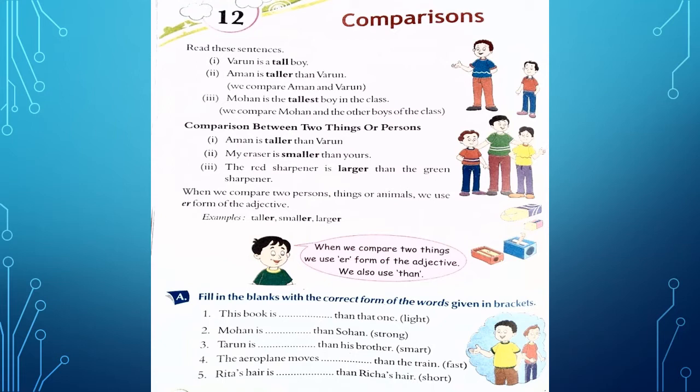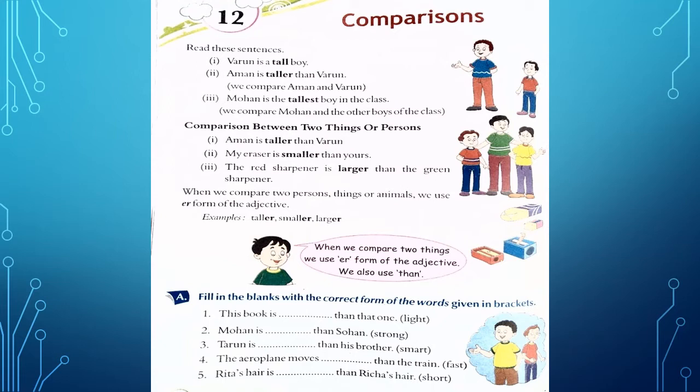In third, Tarun is dash than his brother. And the word is smart. So Tarun is smarter than his brother. In fourth, the aeroplane moves dash than the train. Again the word fast, and it will be changed into faster.